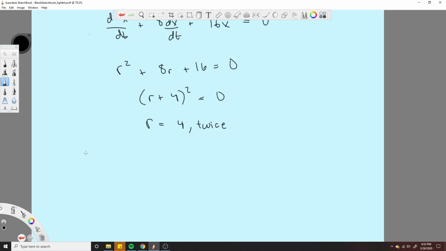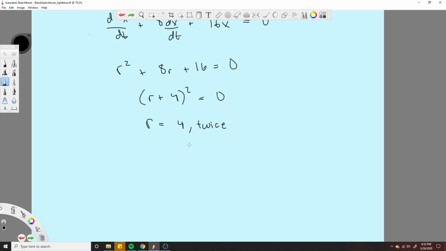Another way you could do that actually is by using the quadratic equation, and you will get to this point and you'll find 8 squared is 64, and then it'll be 4ac, 4 times 1 times 16 minus 64. You will find that they're equal and you'll be given the same solution. Okay?